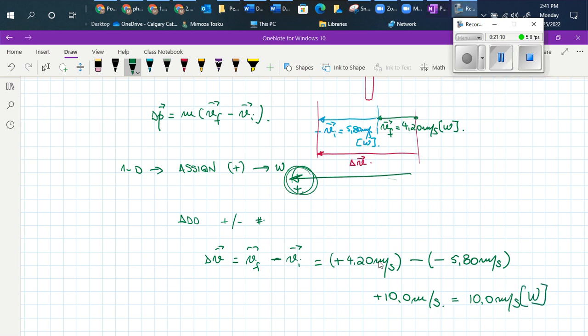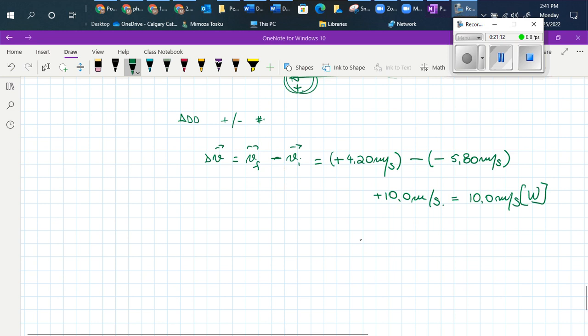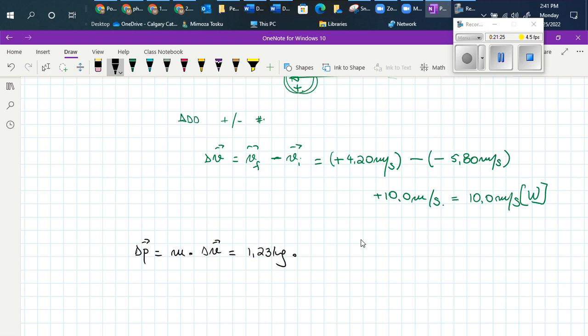Understand? And now when we are calculating the change of momentum or the impulse, we will have mass times the change of velocity, which will be 1.23 kilograms times 10.0 meters per second going west, which is 12.3 newtons times seconds.